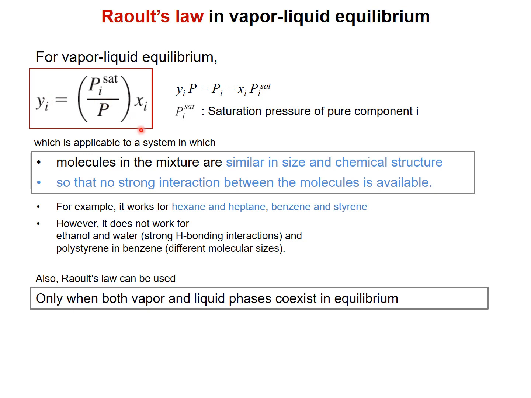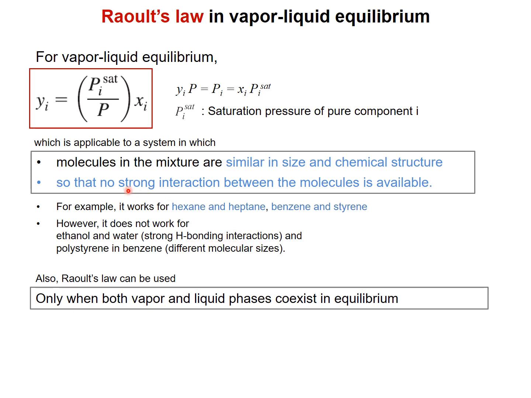So this Raoult's law is applicable to a system in which molecules in the mixture are similar in size and chemical structure, so that no strong interaction between the molecules is present. For example, Raoult's law works for hexane and heptane, which are of similar size and similar chemical structure, and for benzene and styrene. However, it does not work for ethanol and water because of their strong hydrogen bonding interaction.